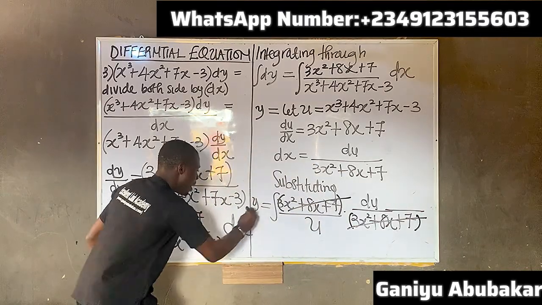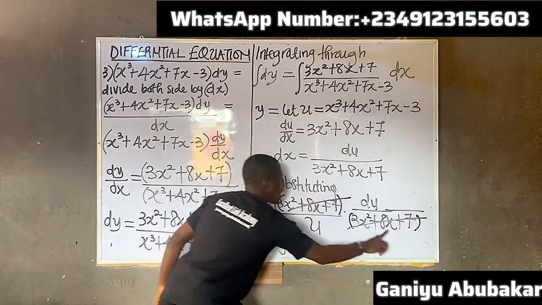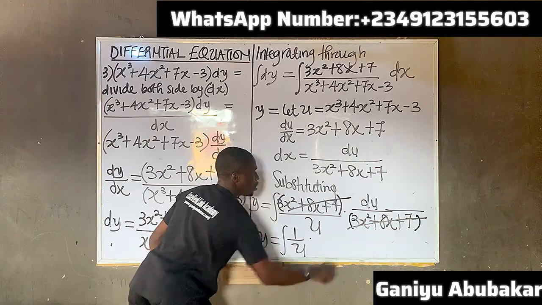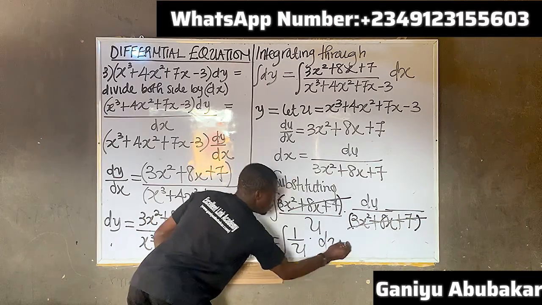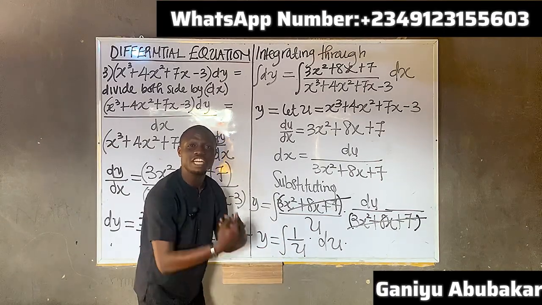What is left? I have that y is equal to the integral of 1 over u du. If I integrate 1 over u, I'll have ln u.